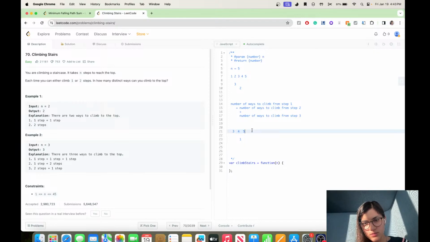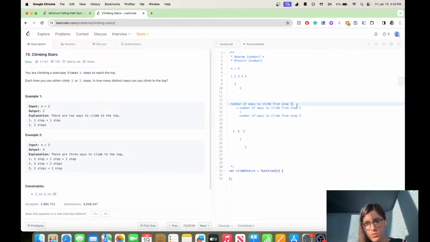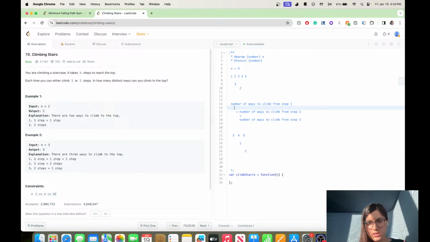So there will be 2 ways in total. What I'm thinking is, should I do 1 plus, or is this sufficient?